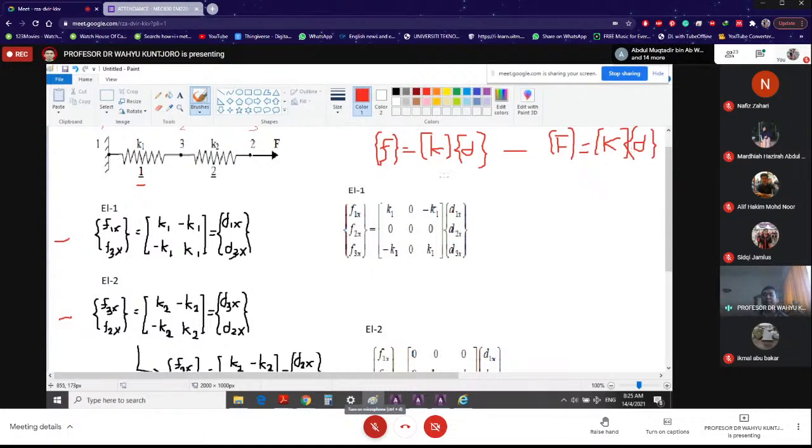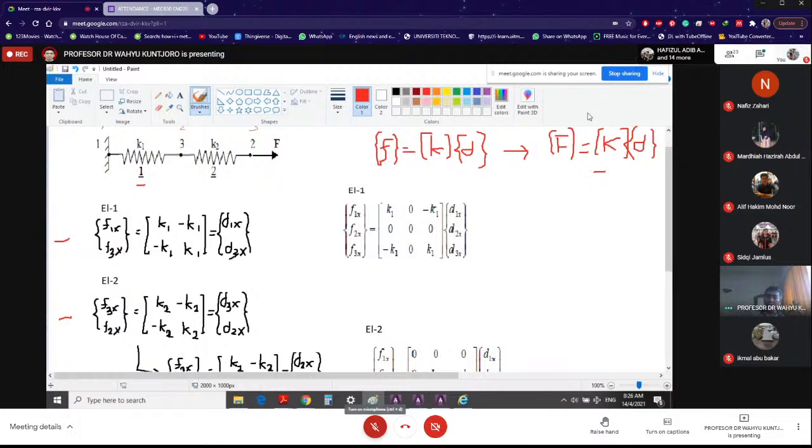So on the left here is F equal to KD. You have two equations, 1 and 2, and you are going to assemble, or combine, the equations into the F equal to KD system equation. This one here. This is small, this is small, this is capital, this is capital.